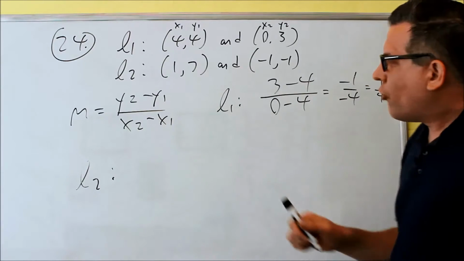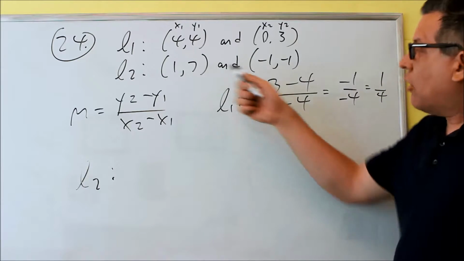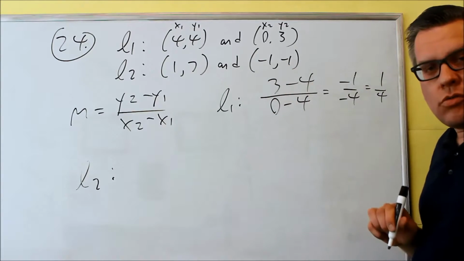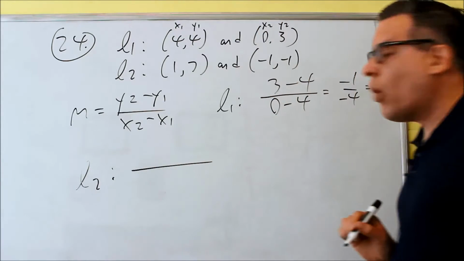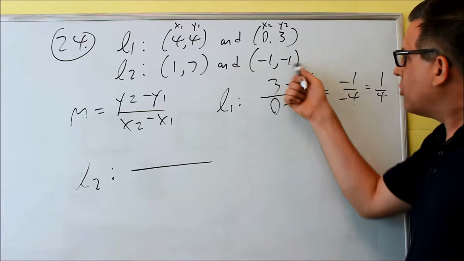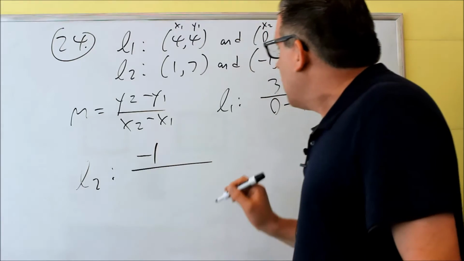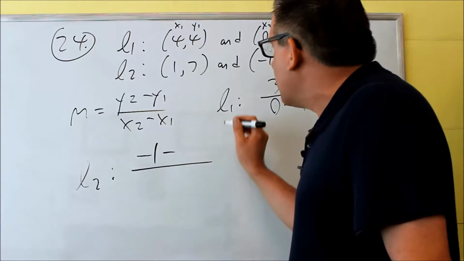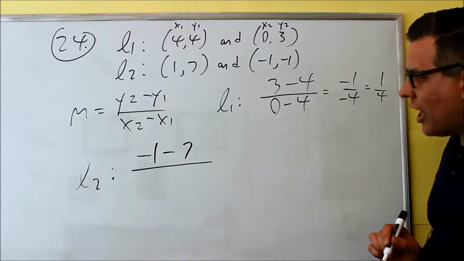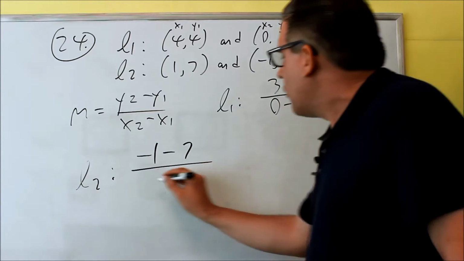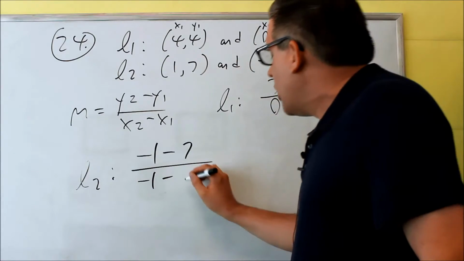I'm using the same formula. I have x1, y1, x2, y2, same labeling on that one. Let's plug it into the formula. y2 minus y1, so I have y2 negative 1 minus y1, which is going to be 7. On the bottom, I have x2 minus x1, so I have negative 1 minus 1.